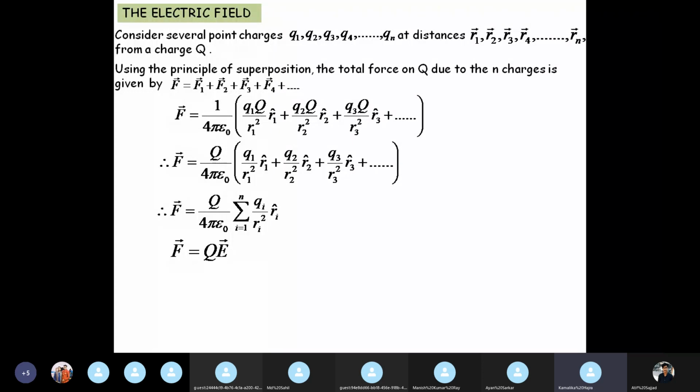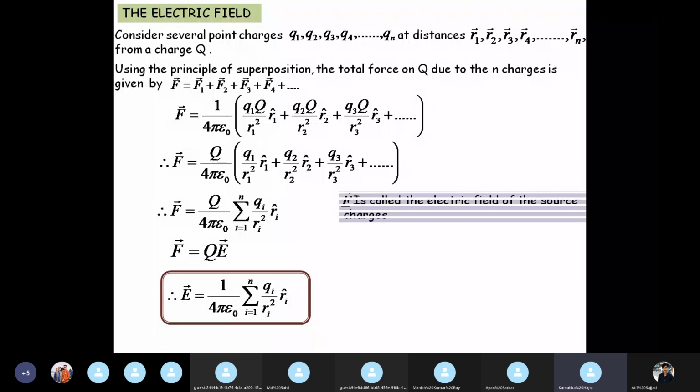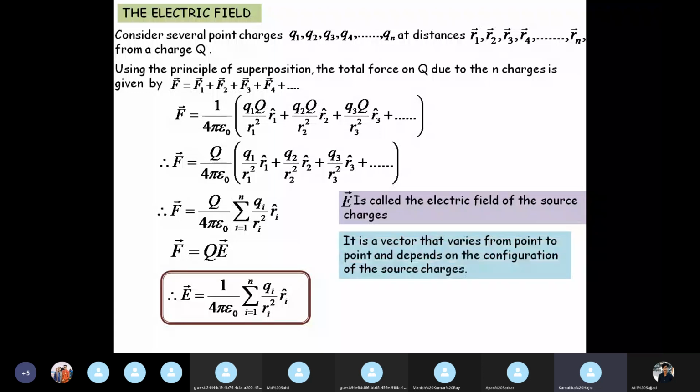So this capital E vector is basically, we are substituting for this entire expression 1 by 4 pi epsilon naught summation i equal to 1 to n qi by ri square ri cap. Okay, so this is the expression for the electric field due to the source charges, the resultant electric field due to all the source charges.